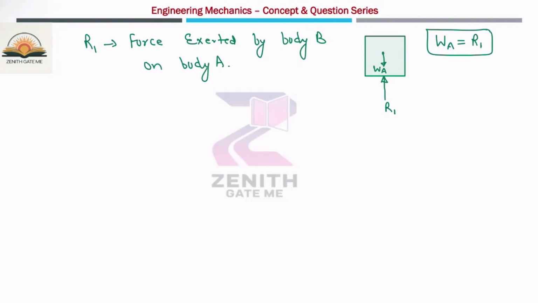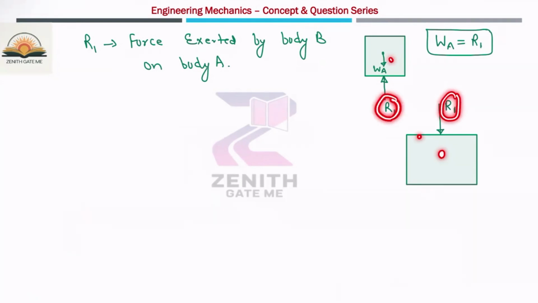Similarly, if I want to draw the free body diagram of this block, there will be a normal reaction acting downward, exerted by block A on block B, and this reaction is exerted by block B on block A. Both are equal in magnitude and opposite in direction. Okay, one more force will act, which is the weight of this block, WB, and there is a reaction. Let us suppose the reaction is R2.